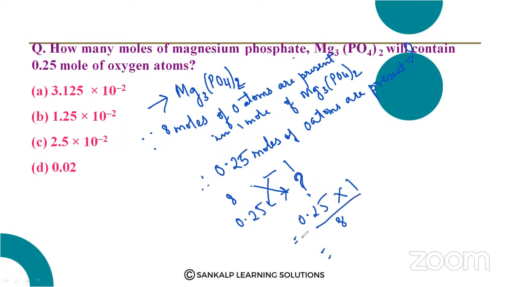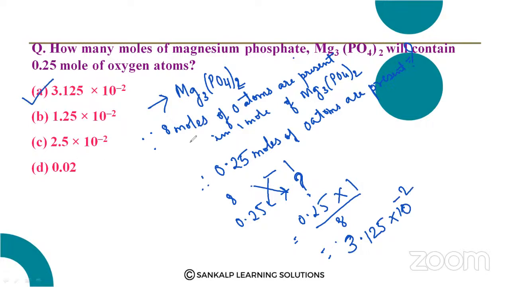After solving, what will be the answer? It comes to 3.125 into 10 raised to minus 2. So after relating this, the answer comes to this.